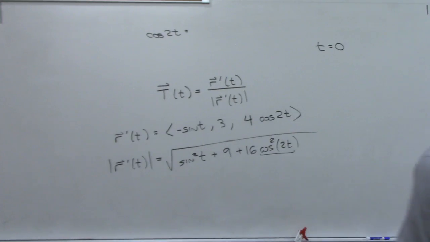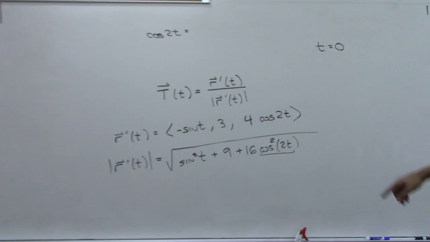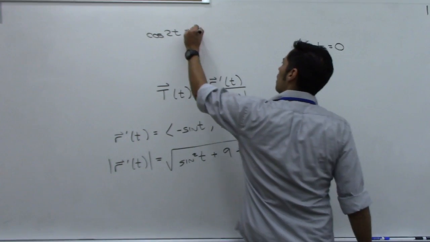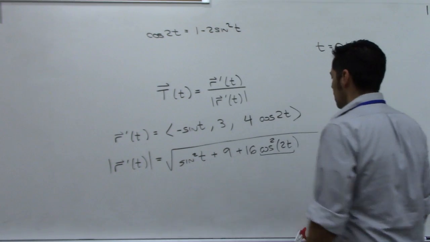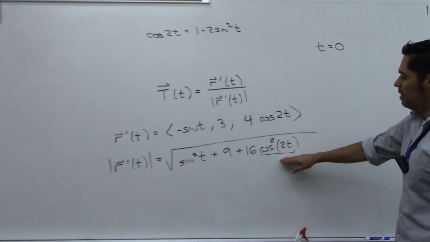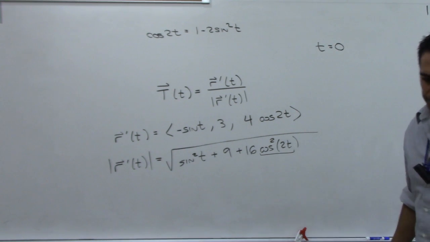If you refer to your formula sheets, this would be on reference page 2, the double angle formulas. I'm going to use the one where I change that cosine 2t into 1 minus 2 sine squared t. So that's what I have right here. I can change that if I'd like into that.